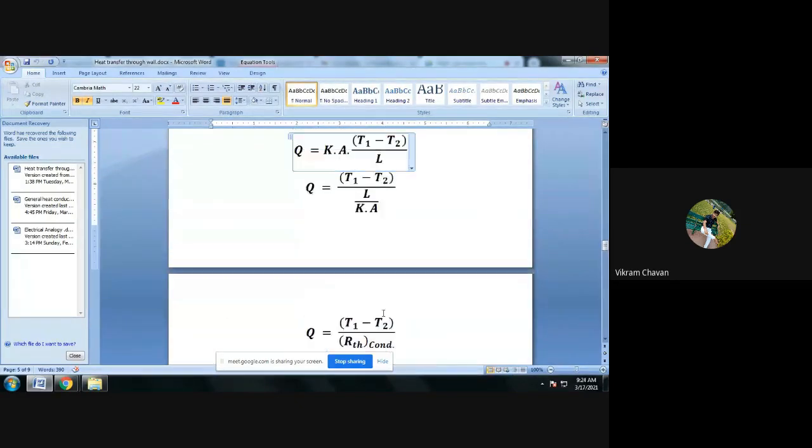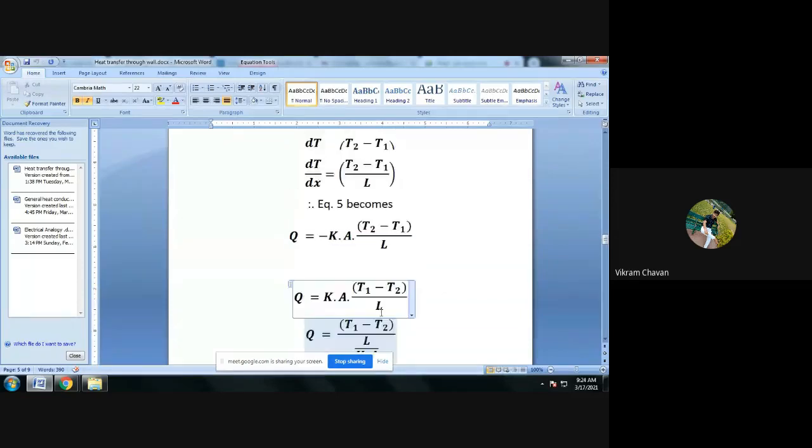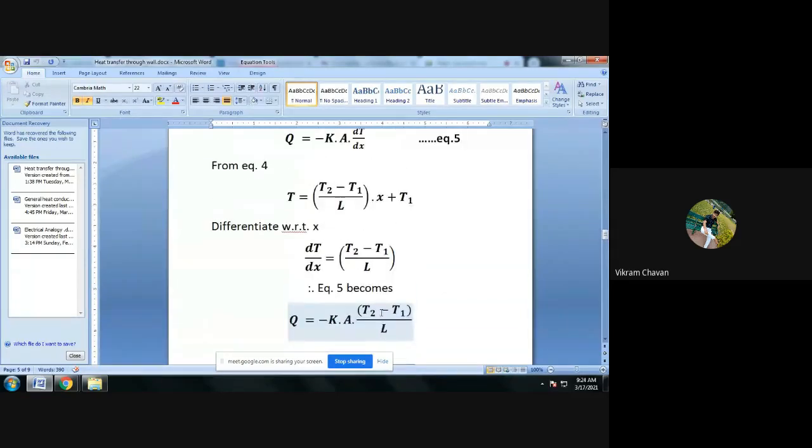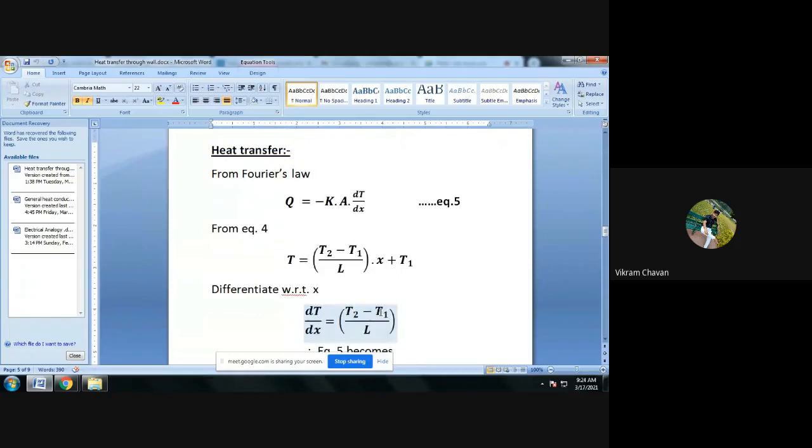Whether you understood how to determine the equation for the heat transfer through a wall. So write down, in continuation with the previous derivation, heat transfer in a plane wall from Fourier's law.